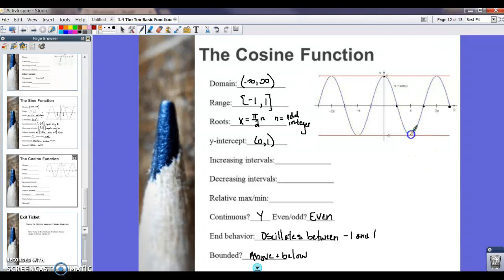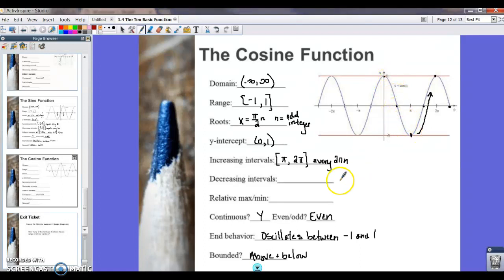If you notice here, we're increasing from pi to 2 pi. So here we're increasing from pi to 2 pi, every 2 pi n, and I'm decreasing from 0 to pi.